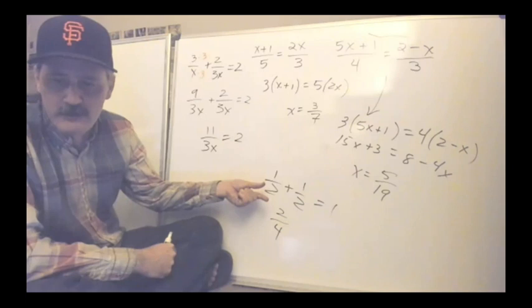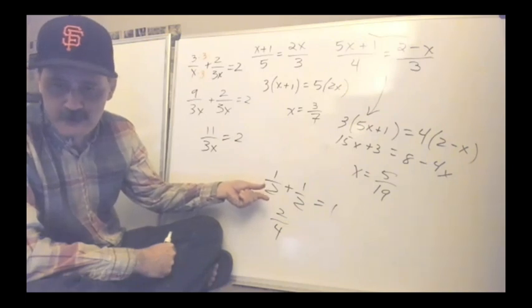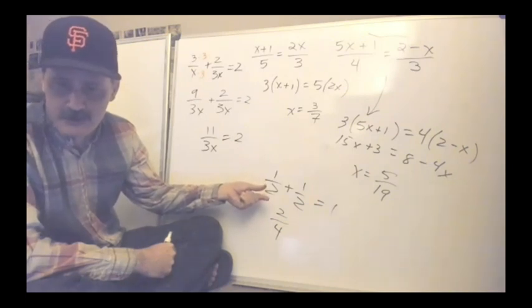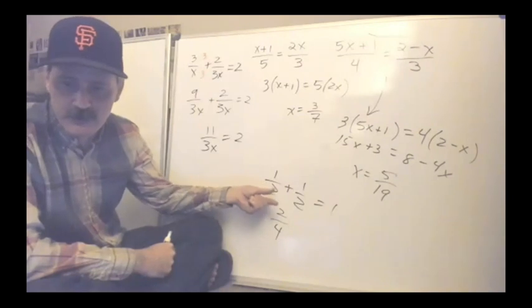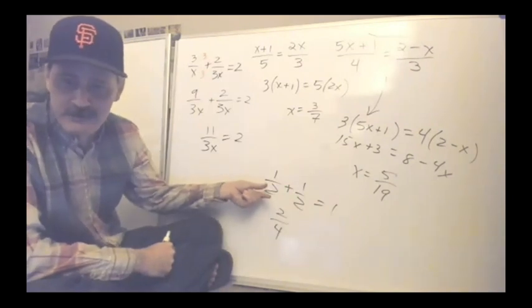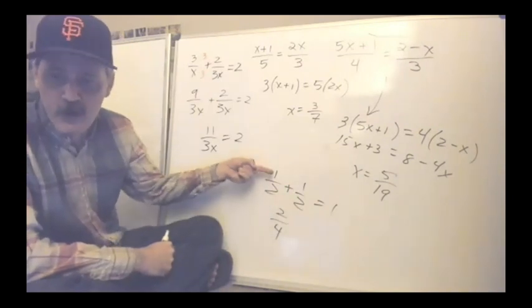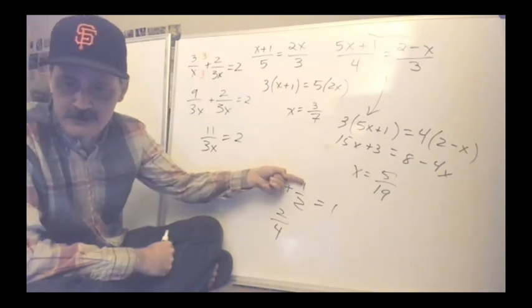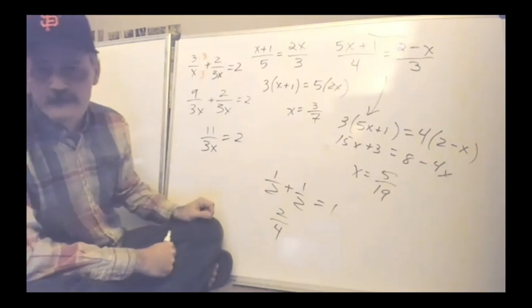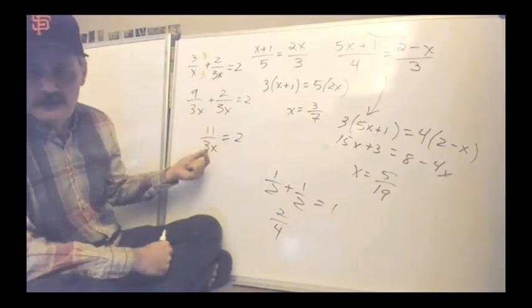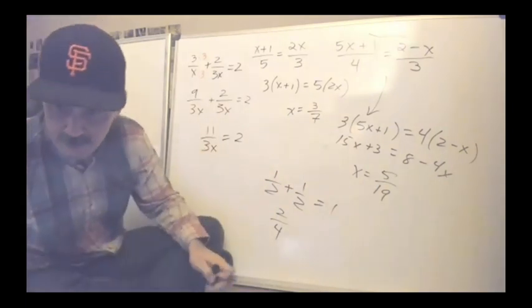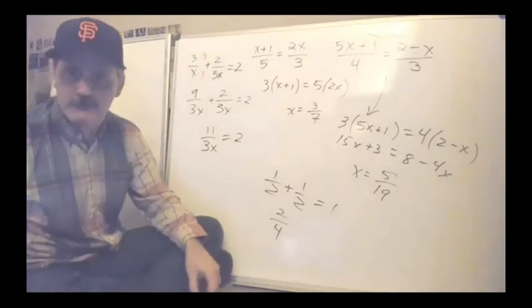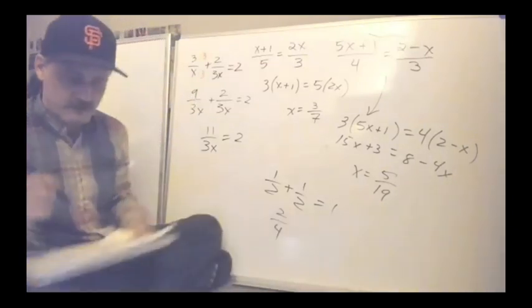Again, the denominators are representing a unit. It's just representing the size of the unit. So when you convert to a common denominator, you're converting to the same size units. So we have 1 unit based on a half and another unit based on a half, right? So that's why you don't add the denominators. Again, just pointing that out.